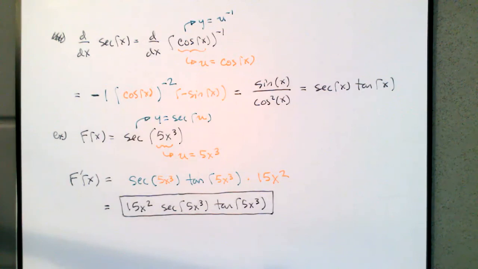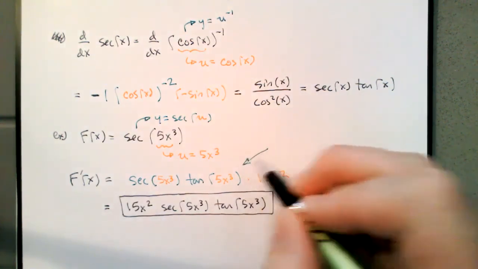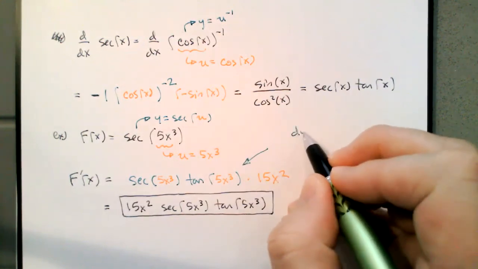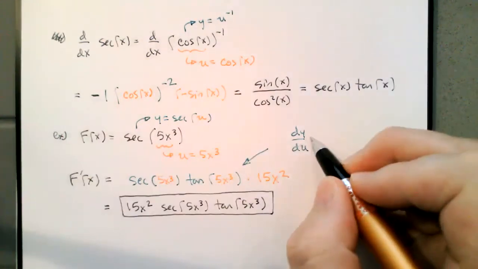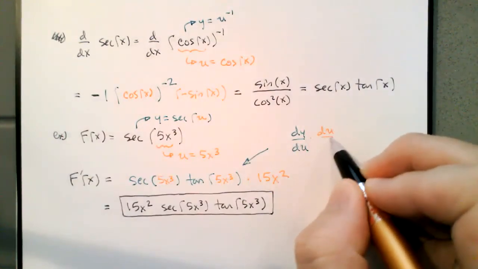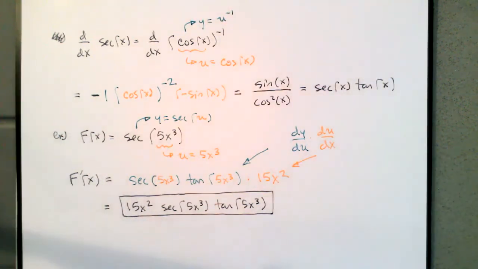That wouldn't make sense. That would be a weird conclusion to come to because we want to use the chain rule where we're taking dy du and then we multiply by du dx. It doesn't say to multiply by du dx a bunch of times.